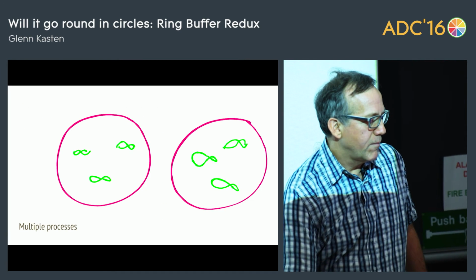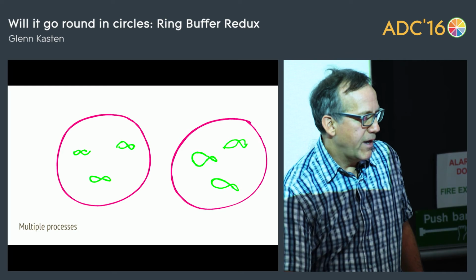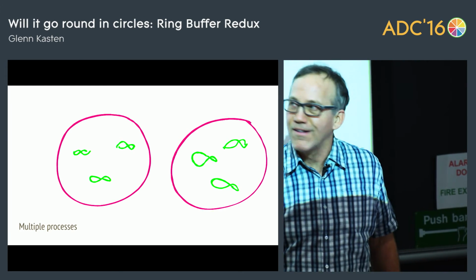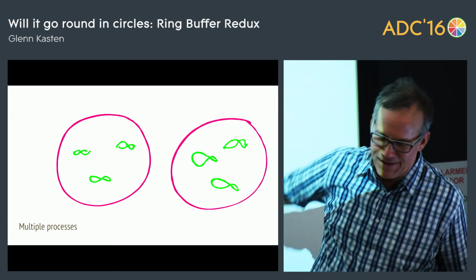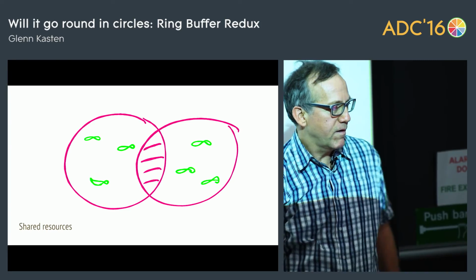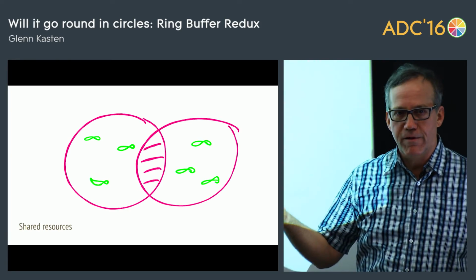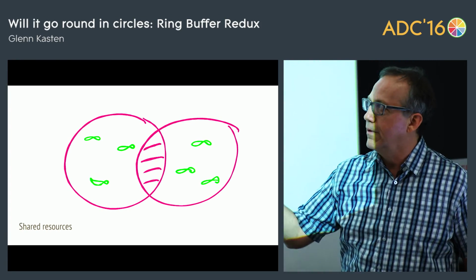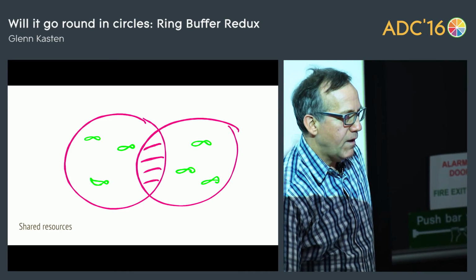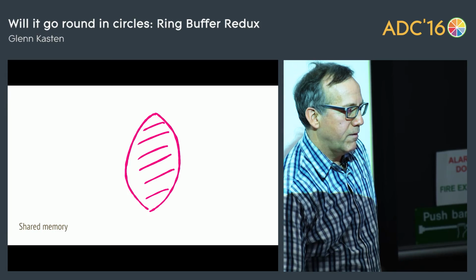So let's suppose we have these multiple processes. The green little fishies represent threads, and the magenta represents processes or address spaces. They share some common resources. In this case, they share the circular buffer or queue, but they don't trust each other. So here's our queue and shared memory.